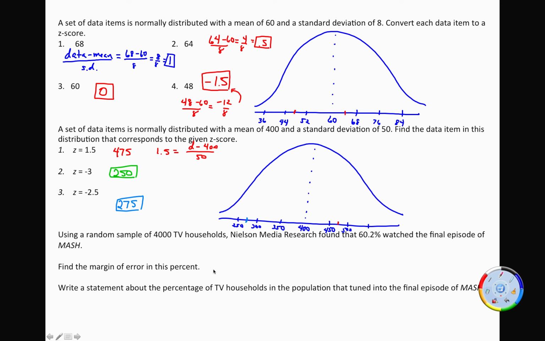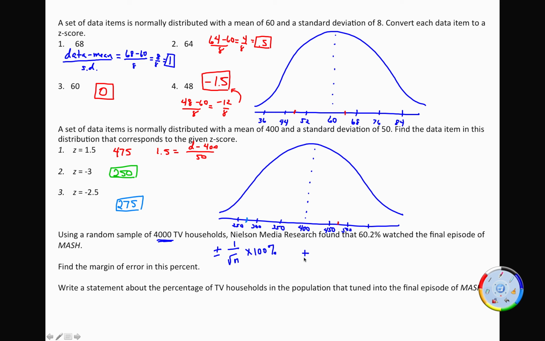Find the margin of error in this percent. So again, remember we have a margin of error formula, plus or minus 1 over the square root of n times 100%. Okay, and n is our 4,000 because there were 4,000 households.